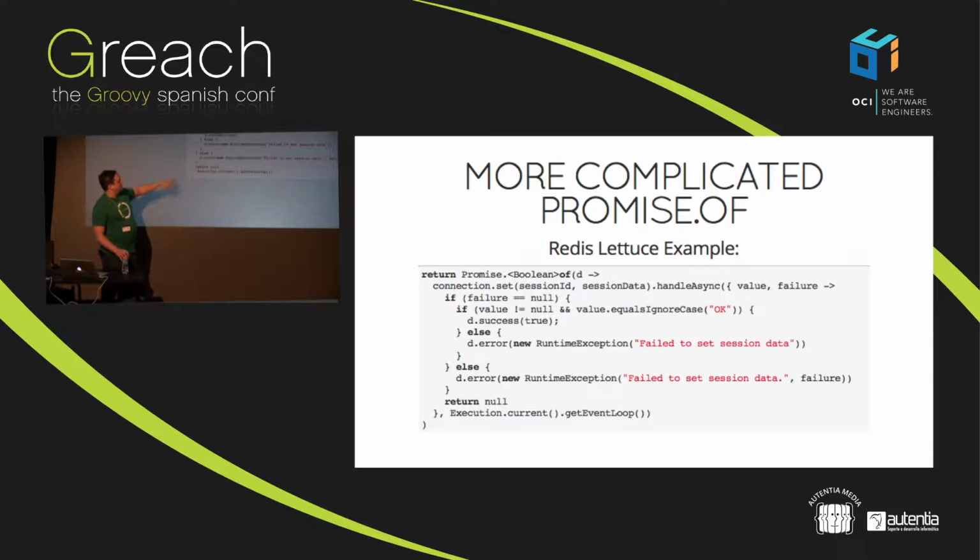But in the case of setting, there's also the case where the value isn't okay that comes back, and that's when we'll actually throw an error right here. And there's the case where the value that came in didn't have a failure but is null, we actually get a failure command from the Lettuce implementation, and that's why you'll see in this case we have a new RuntimeException that we're also passing failure into. That allows us to see a fuller stack of what actually went wrong.